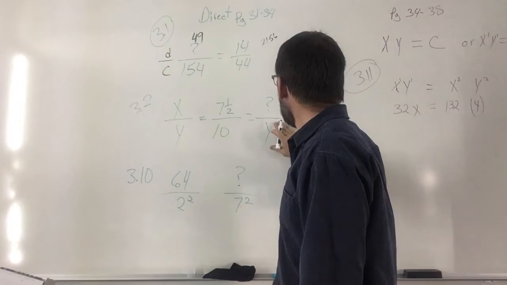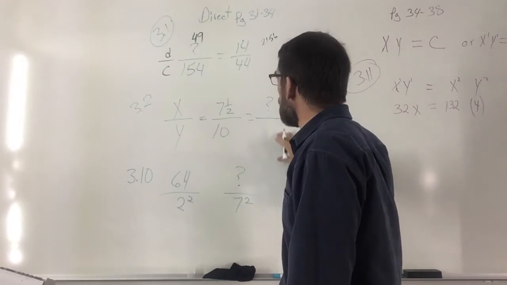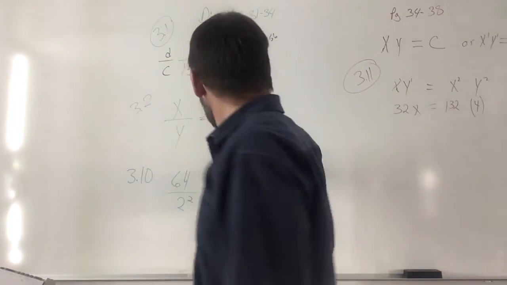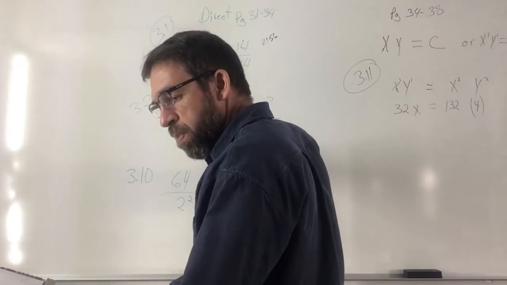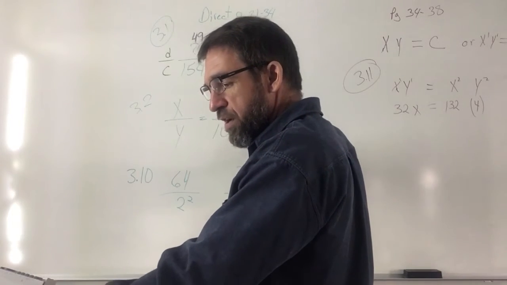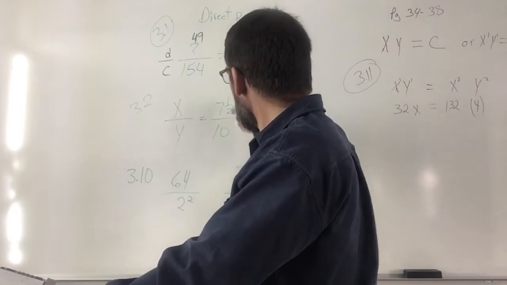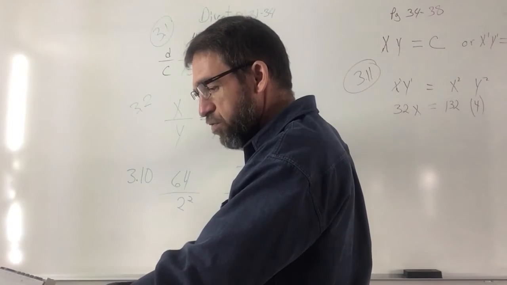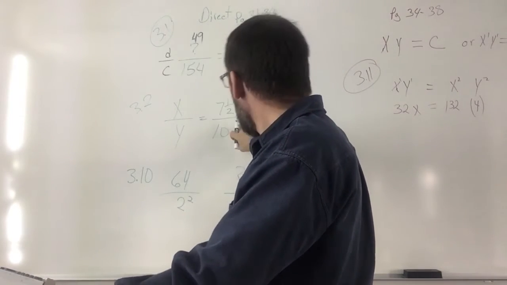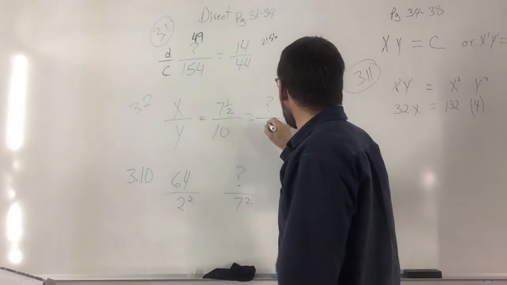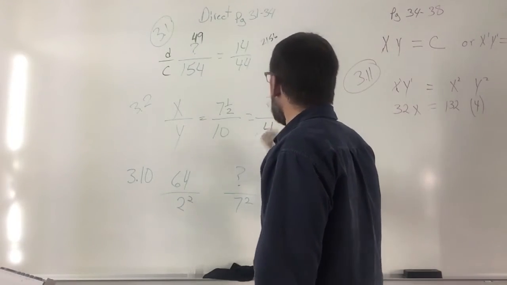Now what's y? Whoa, why did I put y here? I should have put 4. Which one am I wanting? X varies directly with y. X is 7.5 when y is 10, and y is 4. Okay, now I have 4 here. I was supposed to put 4 there.